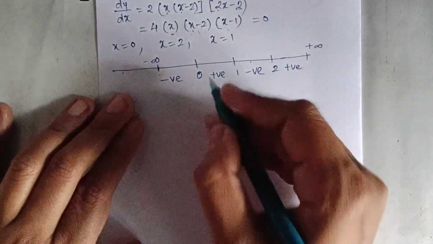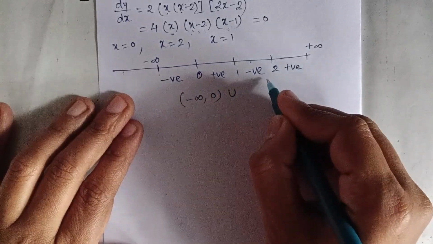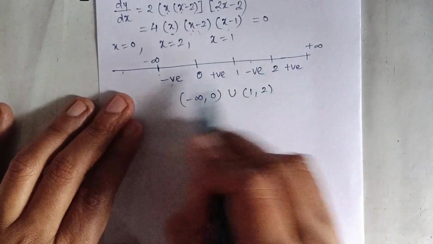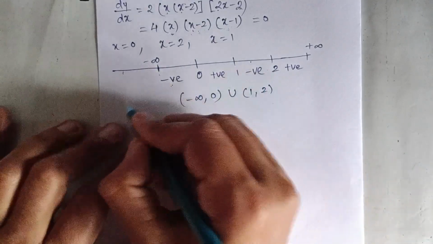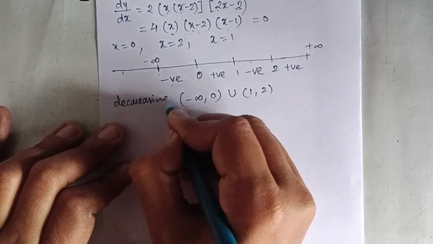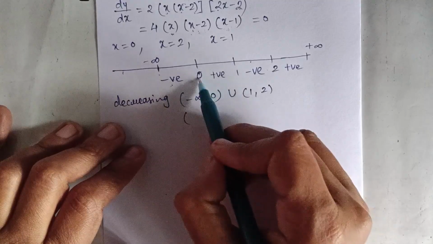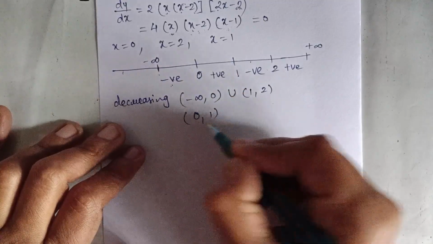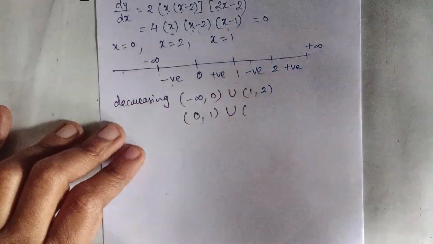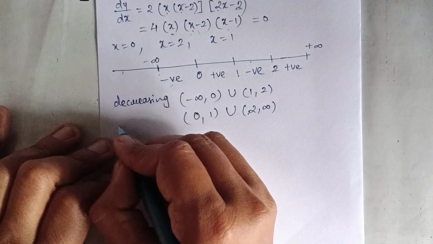So from minus infinity to 0 and 1 to 2, these two intervals it is negative, so it is decreasing. For 0 to 1 and 2 to infinity, these intervals it is increasing.